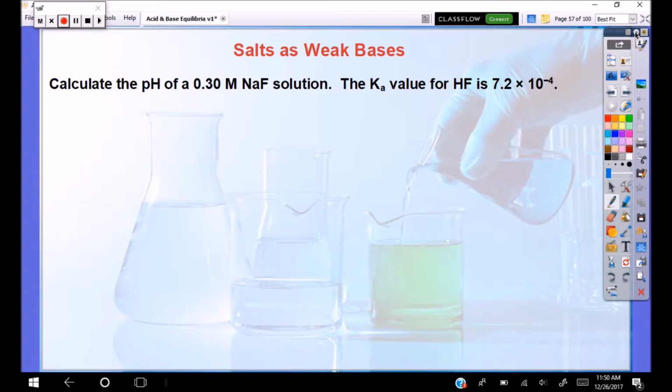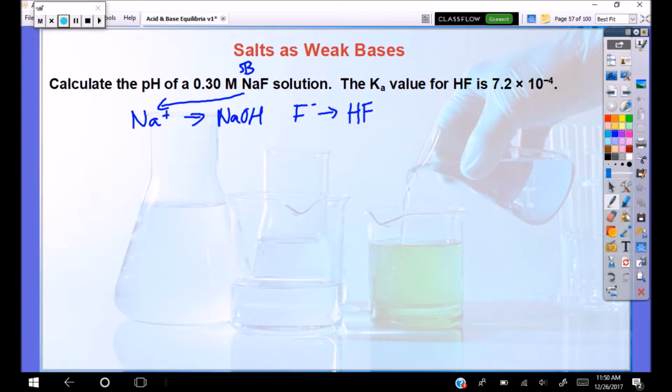All right, so first I know that Na+ is likely going to come from NaOH, which means this is coming from a strong base. And therefore, if I look at my F-, F- is going to come from HF.